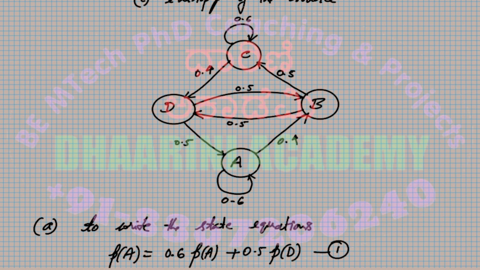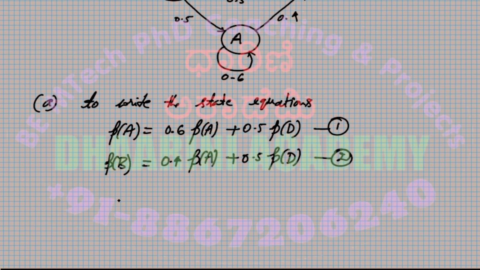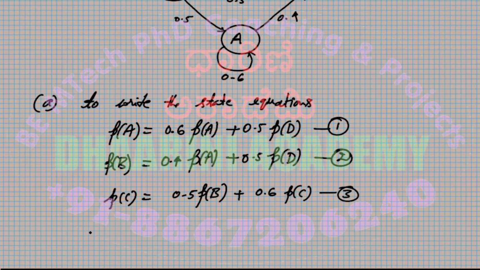How do I reach C? 0.6 times probability of C plus 0.5 times probability of B. So P of C is equal to 0.5 times P of B plus 0.6 times P of C. I'll call that equation 3.